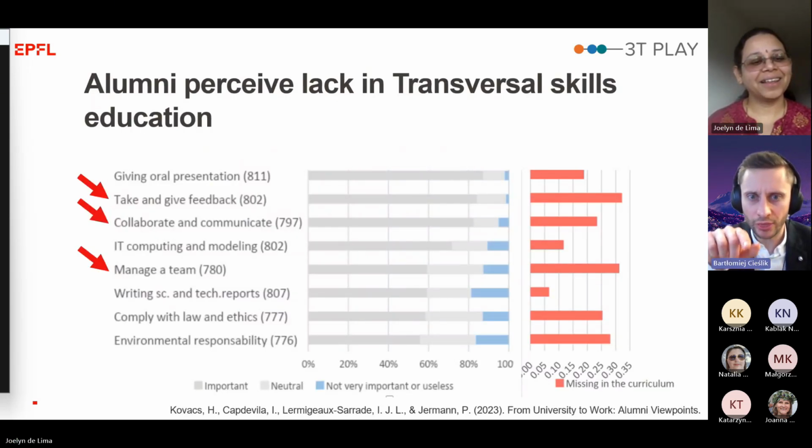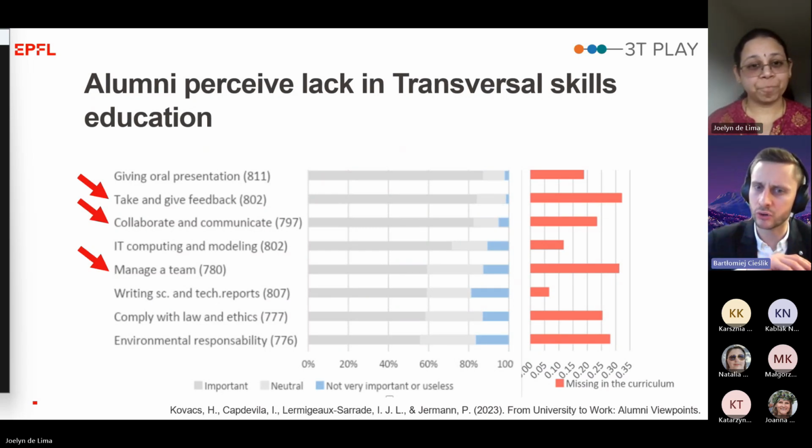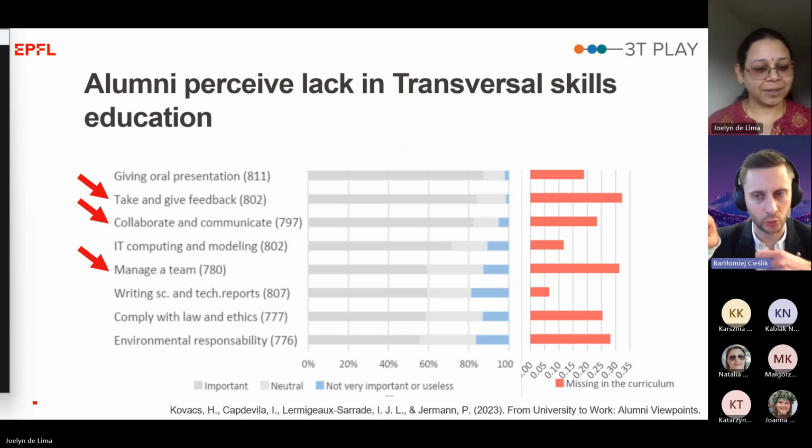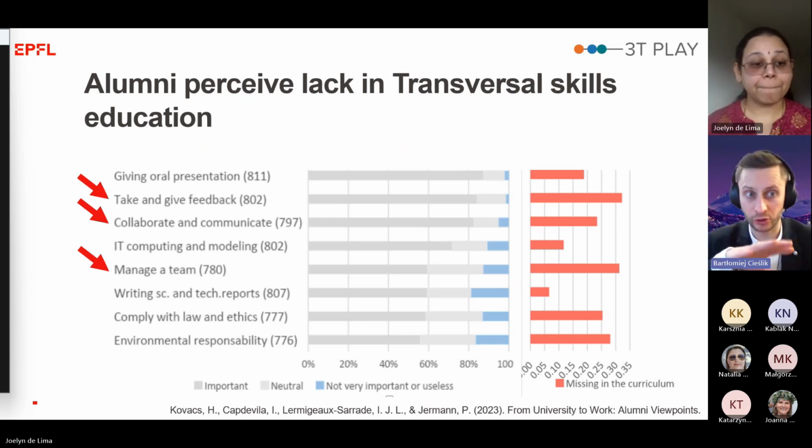So those are things students think they are missing in the curriculum. This is alumni, people who have already passed out of the institution, and they were like, this is what we thought was missing. You could have done a better job of teaching us this so that we could have been better prepared for our jobs. So this is their view, despite the fact some of those things are given throughout the studies.